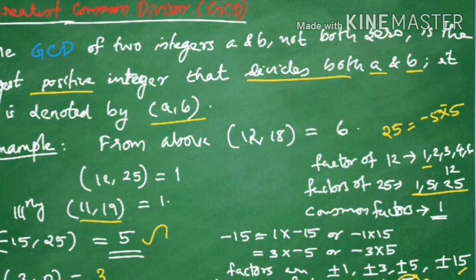The factors of 3 are 1 and 3, and any number can be considered a factor or divisor of 0. So 3 is also a divisor of 0, since 0 can be written as 0 into 3. So the greatest common divisor is 3 itself. So the GCD of any number with 0 is the number itself, because 0 has any number as its factor. Okay, so this is about the greatest common divisor.